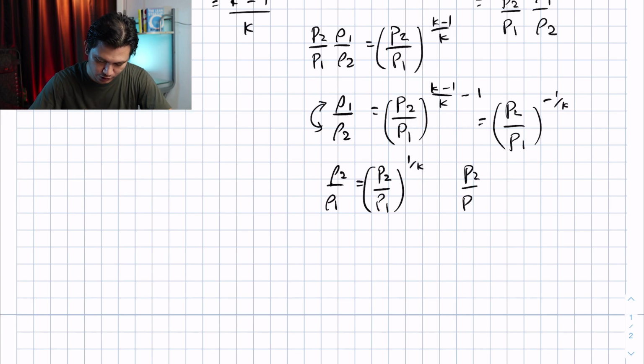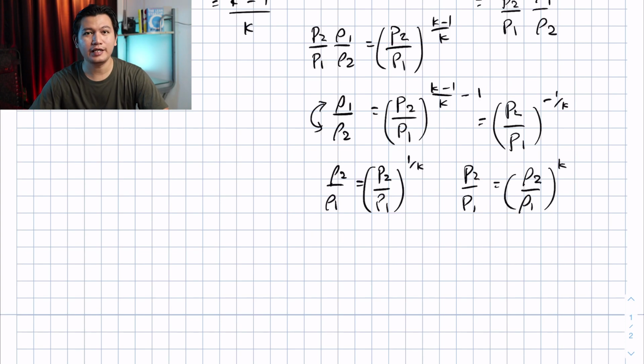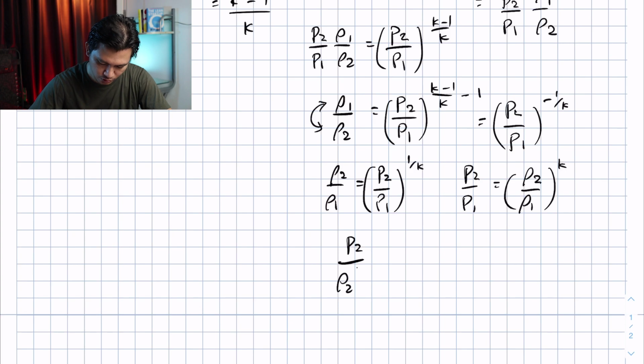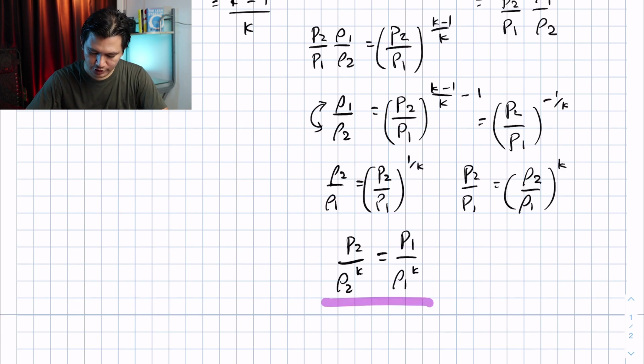And if I do P2 over P1, this is going to be equal to rho 2 over rho 1 to the power of K, right? And if I rearrange it a little bit, I'm going to get P2 over rho 2 to the power of K equal to P1 over rho 1 to the power of K. And because of this relationship, I can also say that P divided by rho to the power of K equals a constant.